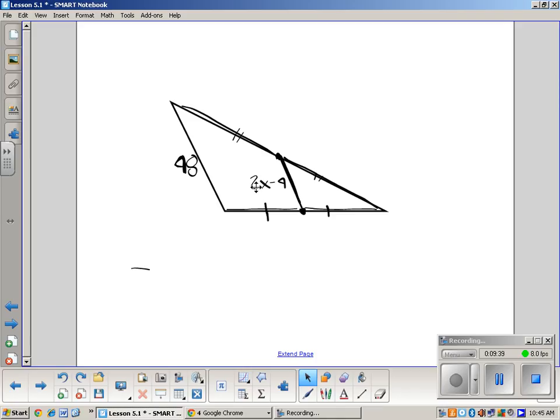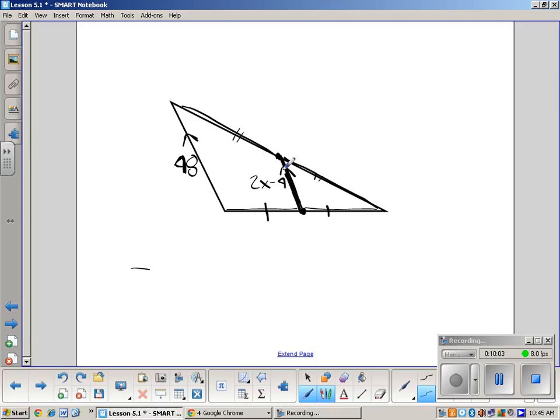Okay, and then what did the theorem say about the mid-segment? If a segment joins 2 midpoints of a triangle, then it is parallel to the third side. Okay, so this segment here is parallel to this one here, and it's half as big.